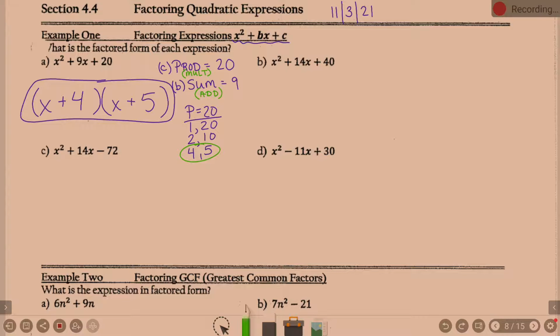If I multiply it back together, and this might help with Emma's question a little bit too. First, X times X is X squared. Outsides. X times 5 is 5X. Insides. 4 times X is 4X.